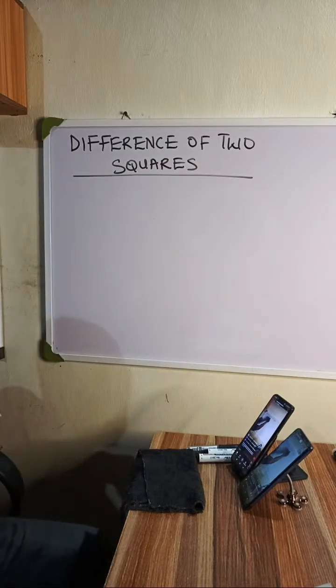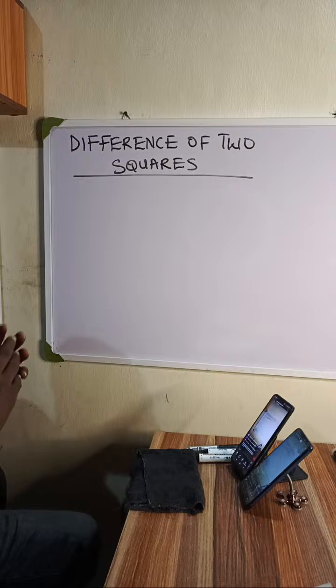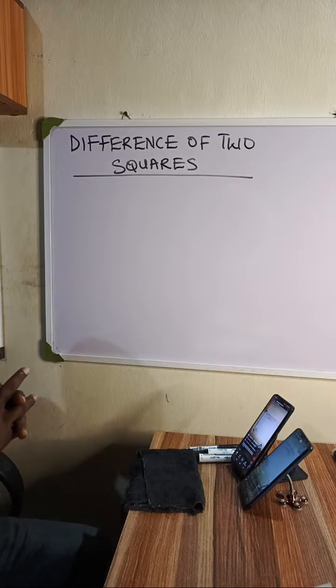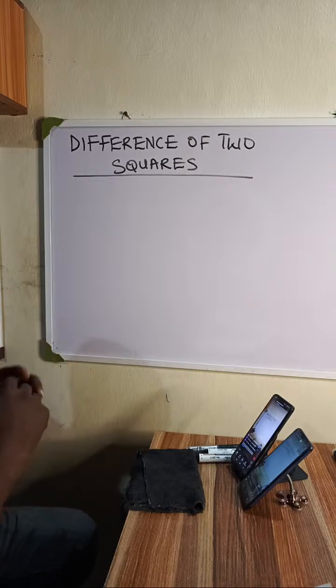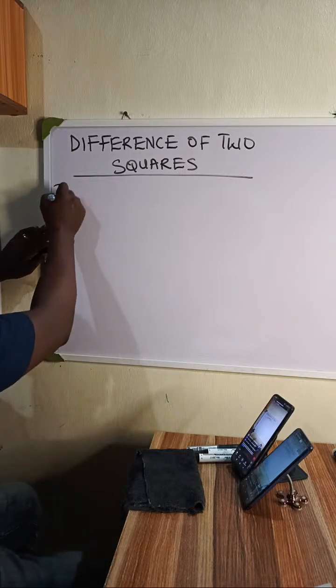Difference of 2 squares. So what does this mean? This principle of factorization is applied when a square is being subtracted by another square.